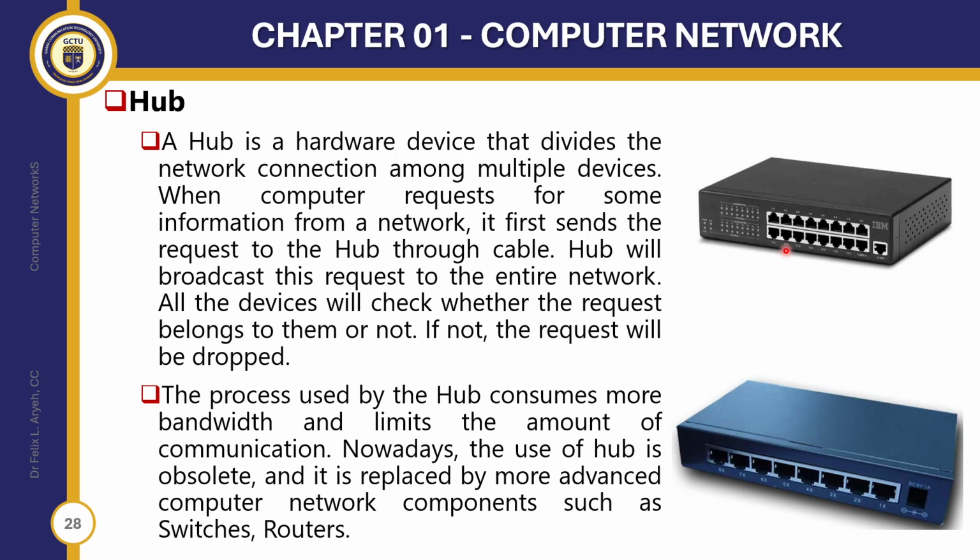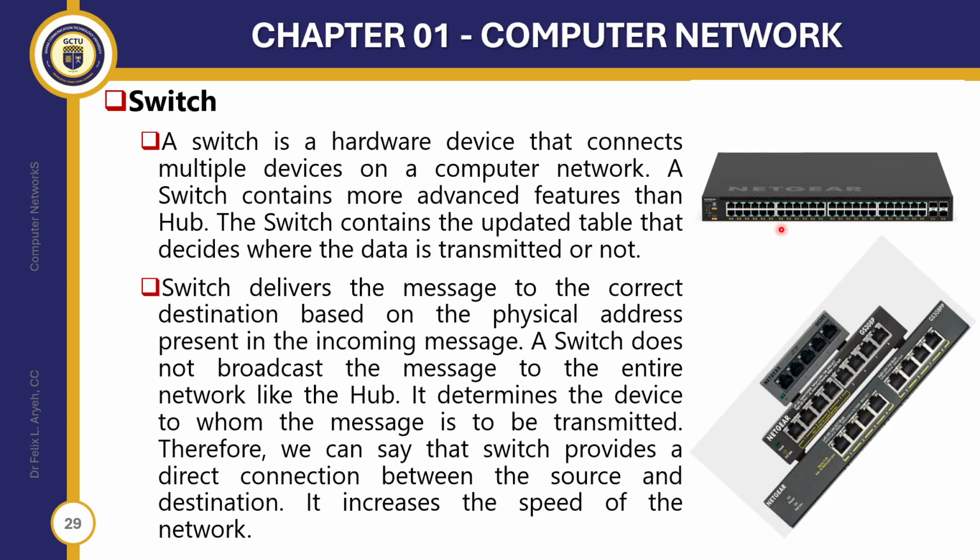However, with the switch, if this wants to send to this, it is intelligent enough to directly move the data straight to where it's supposed to be. So that is one advantage of the switch compared to the hub.